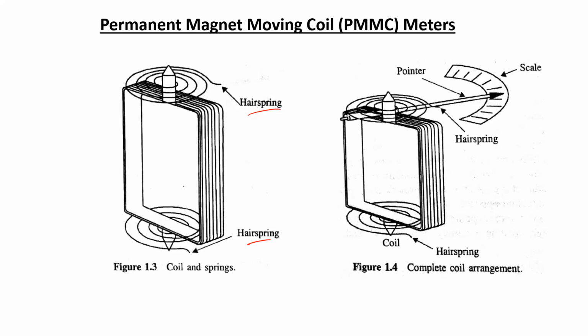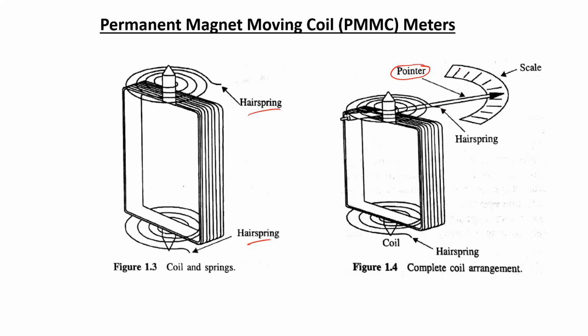And in order to take meaningful readings from the movement of the coil, a pointer should be associated with it. So a pointer should be attached with the shaft of the coil arrangement or the frame, so that when the coil moves, the pointer also moves.